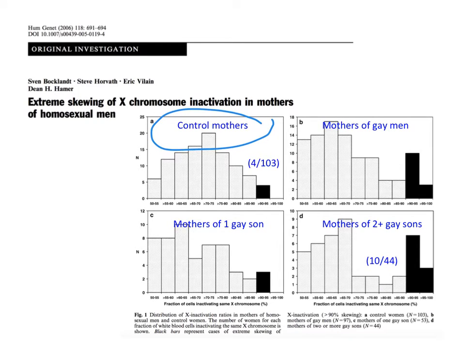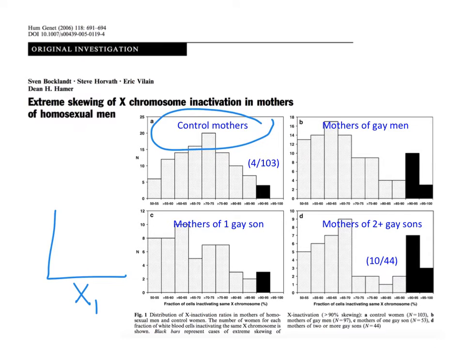What's on the x-axis, for those of you that are up close to your tablets and can see the x-axis? What do we expect? It's a fraction of cells inactivating the same X chromosome. So say we're looking at the first X chromosome, X1, not X2. What do you expect for random X chromosome inactivation? What fraction of cells would turn off X1?